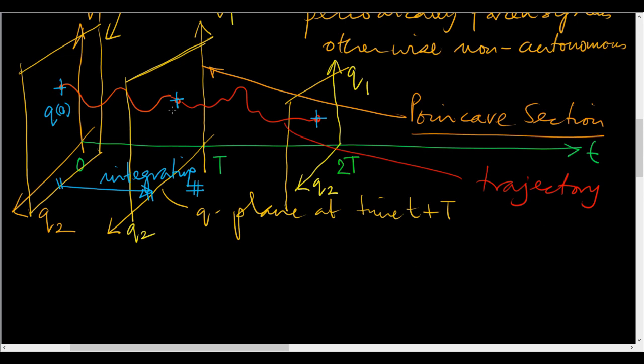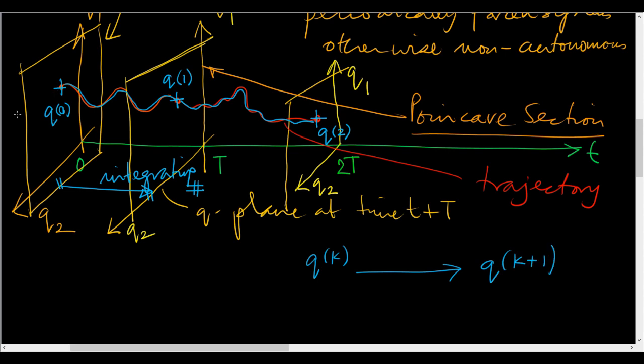And then the differential equation governs the evolution along this trajectory, and I end up with some other point which I will call Q1, and then the differential equation governs the evolution until I reach some other point which I will call Q2. So Qk gets mapped to Qk plus 1. Since it is a map from a point on the Poincare section to a point on the Poincare section, this is called a Poincare map.